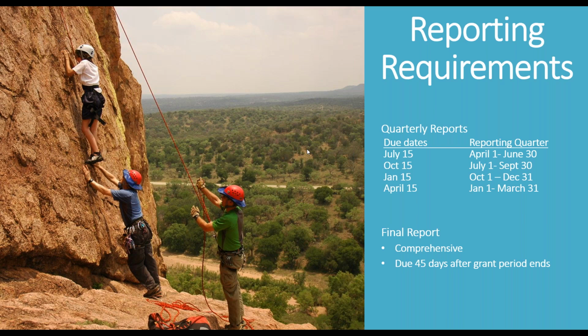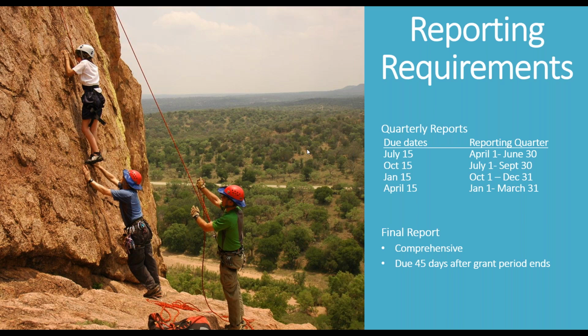It also gives us a heads up about any activities you're planning for the next quarter, any challenges that we might be able to help you with, your participants and demographics, and then of course your TPWD relationships, whether you visited sites or worked with our agency staff or had staff trainings or anything like that.